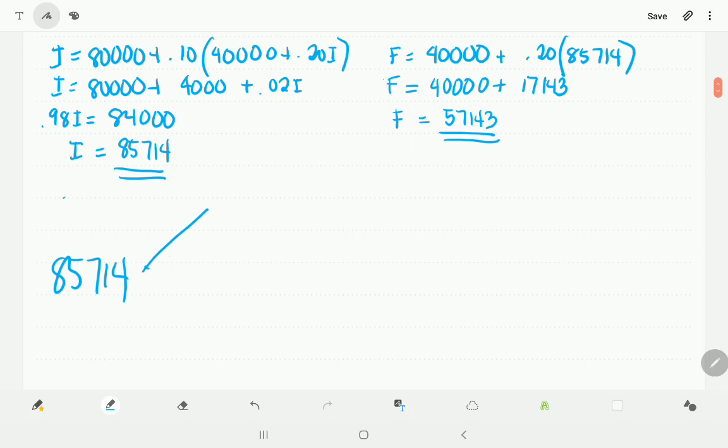This will be allocated to three departments: Computer Programming, Information Systems Consulting, and Software Training.